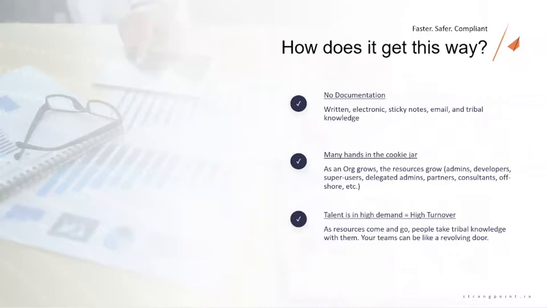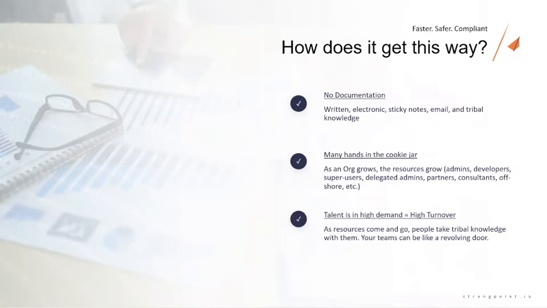So how do things get this way? There's typically three reasons, but a lot of it is directly related to really the key strength of Salesforce, which is the ability to easily and quickly customize an org to meet business requirements.